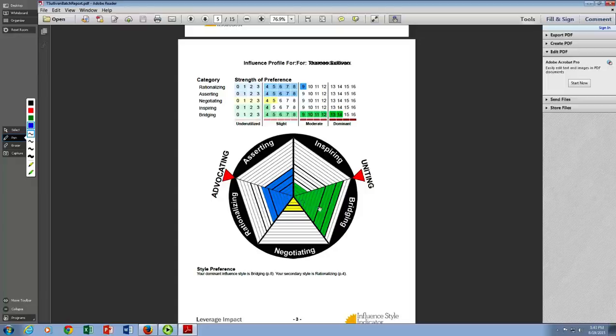In this case, the bridging style preference is in the 75th percentile, so it's a fairly strong preference here. Over here, asserting again is at the 75th percentile. Over here, a little bit higher than the 25th percentile, and below the 25th percentile against the normative data, and then for negotiating about the 50th percentile in terms of the number of people who would have had this level of strength.